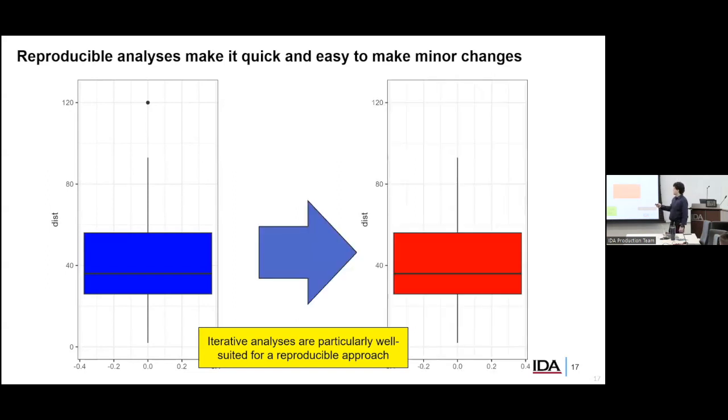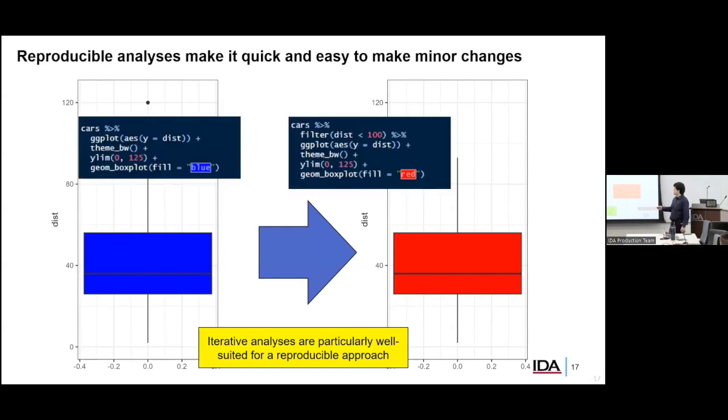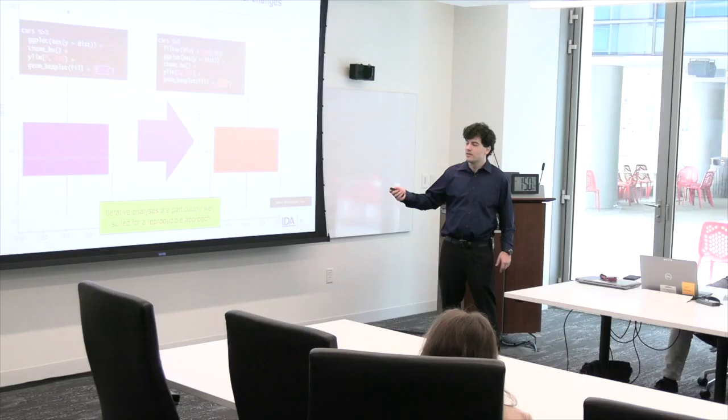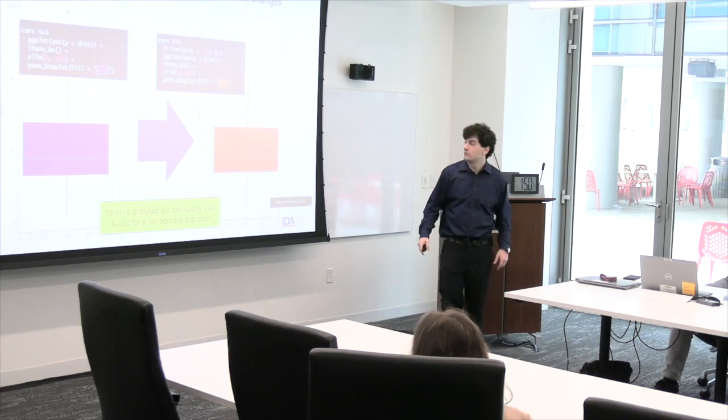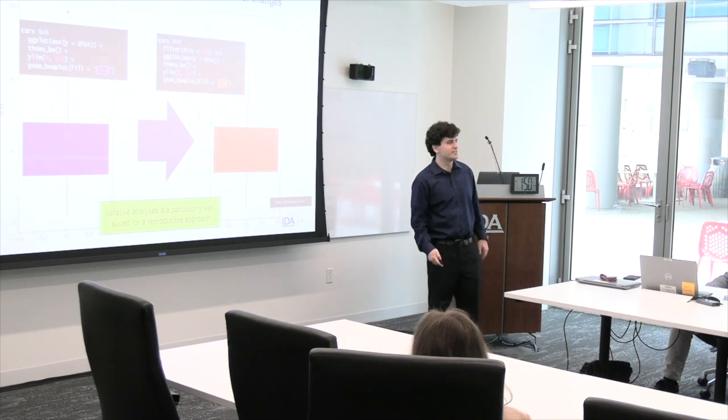But if you have it in a script, then that could potentially be a lot easier, because all you're doing is changing this line of code from blue to red, and adding just one line of code saying filter, make sure the distance is less than 100. So anything above 100 will just get removed. And this is R code, by the way. R is a popular language for statistics.